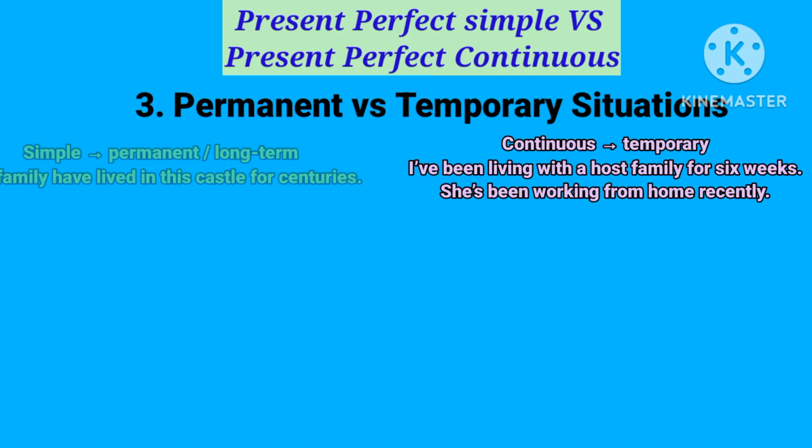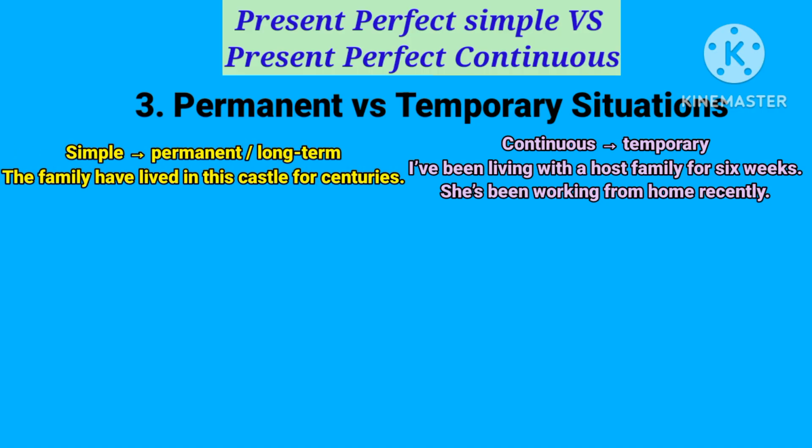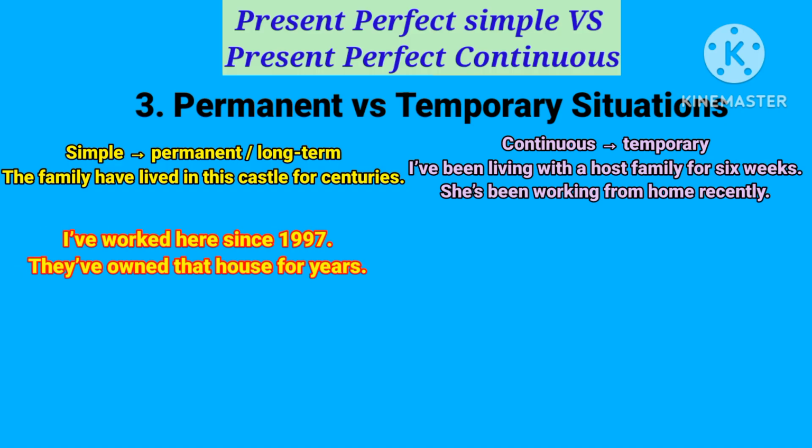But present perfect simple focuses on permanent, long-term action. For example, the family have lived in this castle for centuries. I've worked here since 1997, and they have owned that house for years.